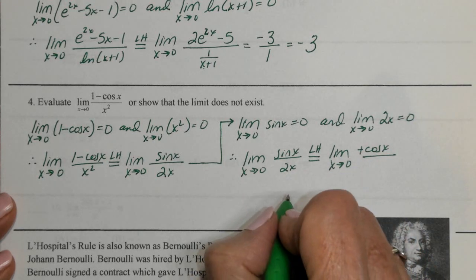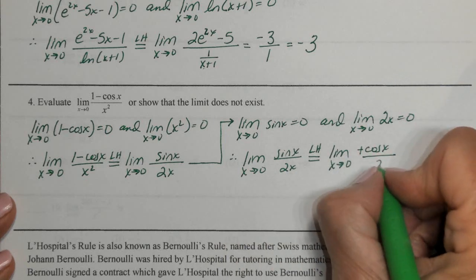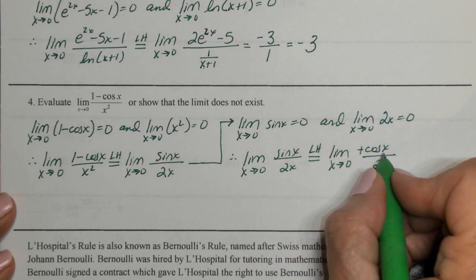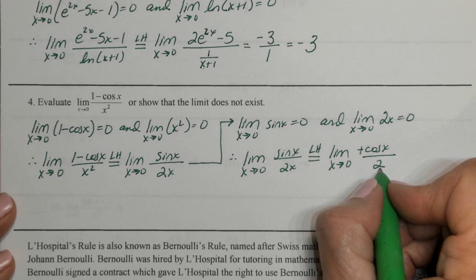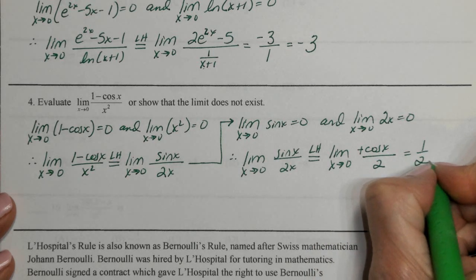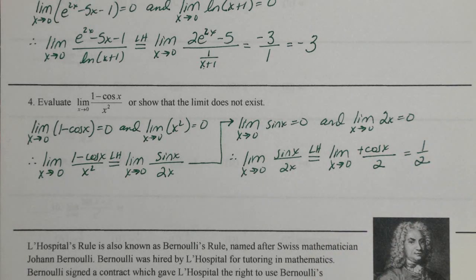The derivative of 2x is 2. Now put in 0 for the remaining x, 1 over 2. That limit is 1/2. Okay?